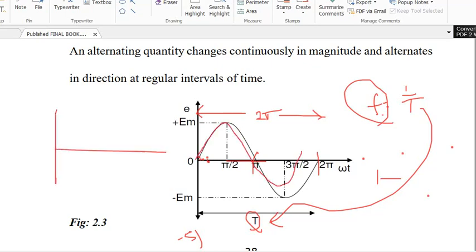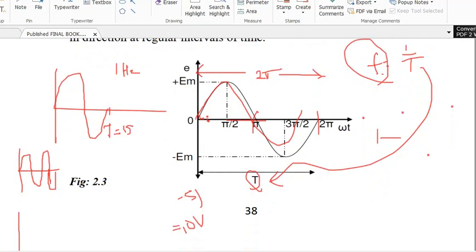For example, take this as your 1 second. Say the time period is 1 second. Here I got only 1, so the frequency is 1 and the unit is hertz. And suppose I can make 2 within this, for example, for 1 second I got 2 oscillations.